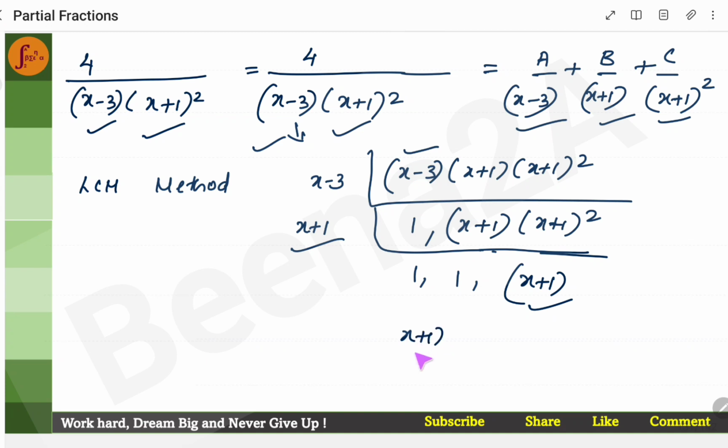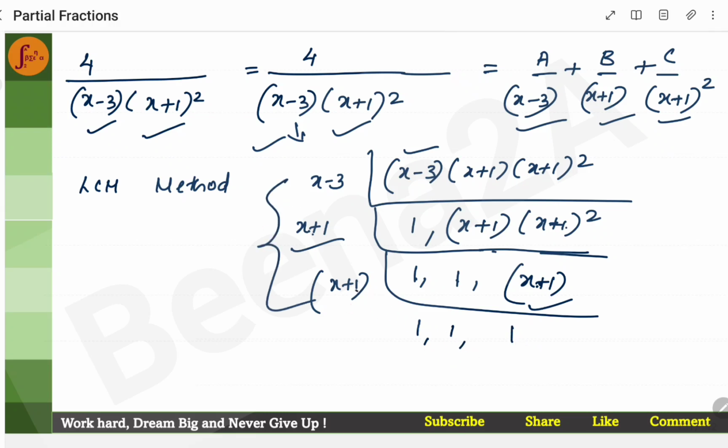I have to put x plus 1 here because this into this is this one. Now again I have x plus 1 here, so it will be 1, 1. X plus 1 into 1 is x plus 1. Now this is the LCM.